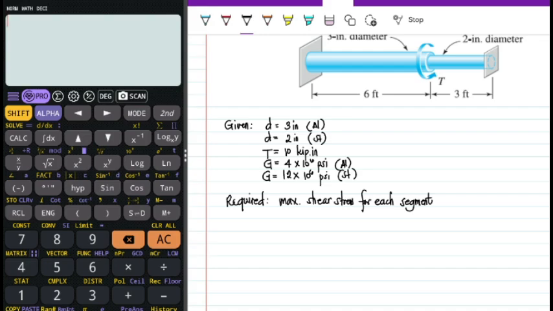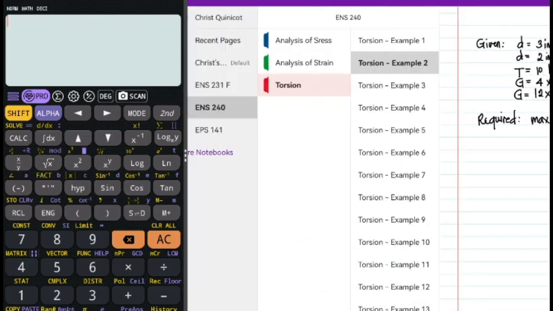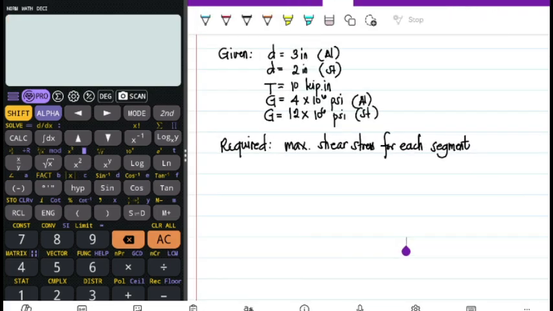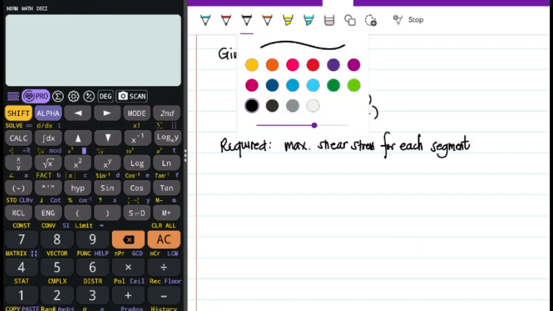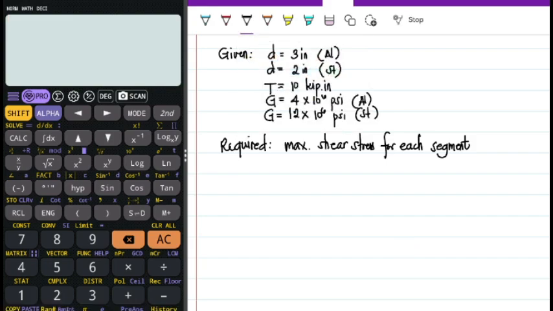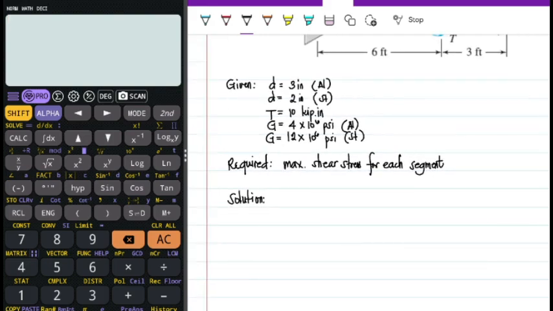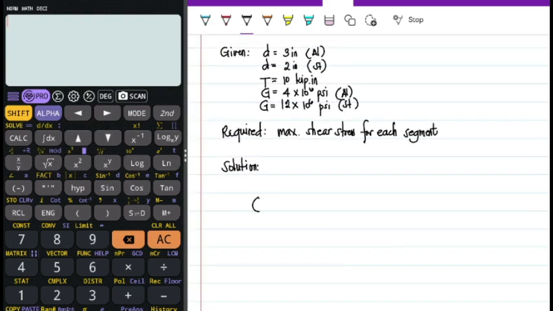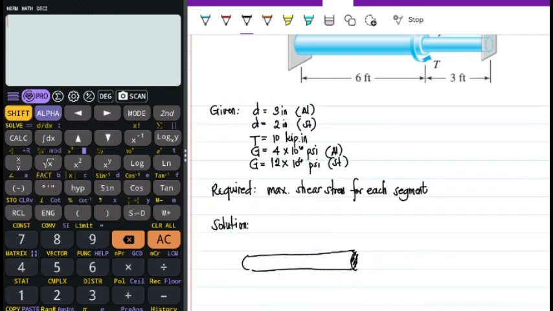Now, since this problem is statically indeterminate, we will be looking into the relationship between the performance of our materials, how our aluminum moved in response to the movement of our steel, just like what we did in our analysis of strain.